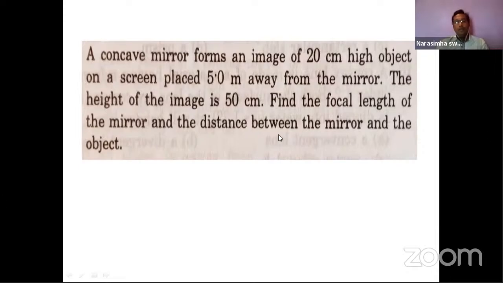So you need to calculate the U value and the F value.